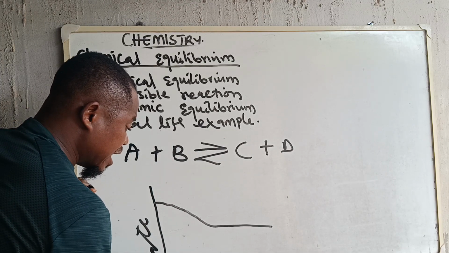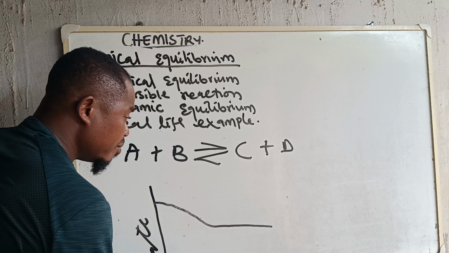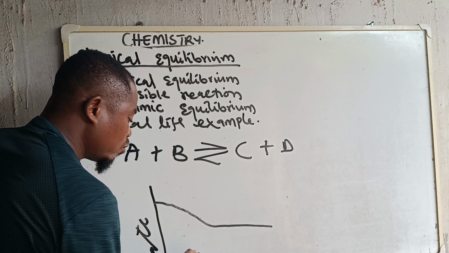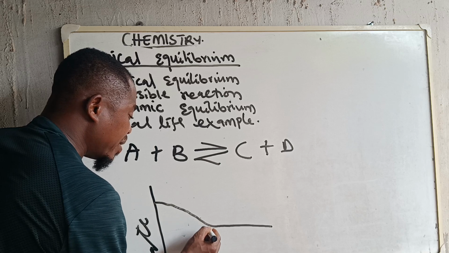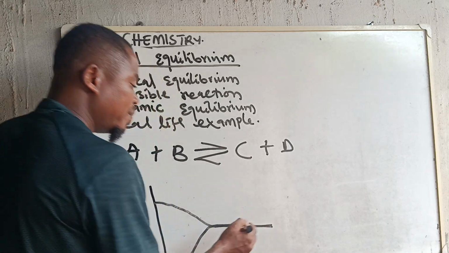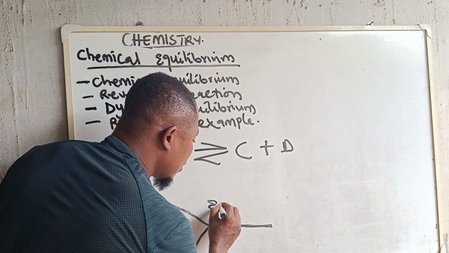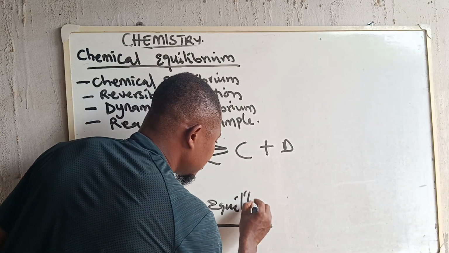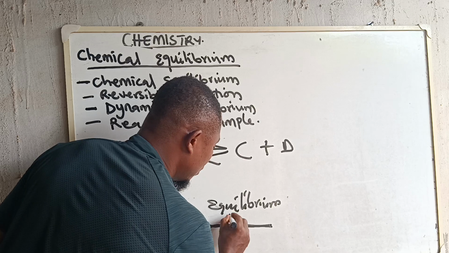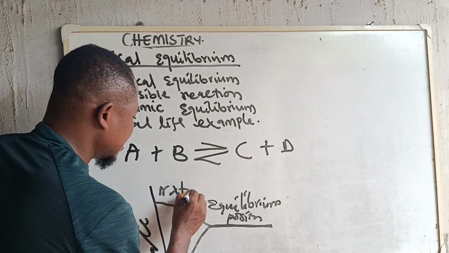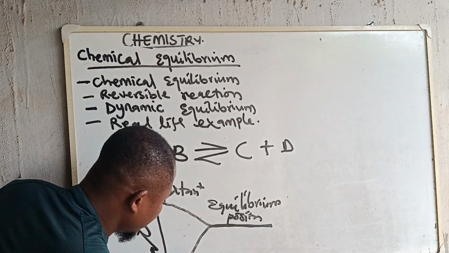As the concentration of the product built up from the reaction of A and B to form C and D, the rate will increase. It will keep increasing until you get to a point where they meet and the rate becomes the same. This point where the rate is the same is what we call the equilibrium position. This is our reactant, while this is our product.